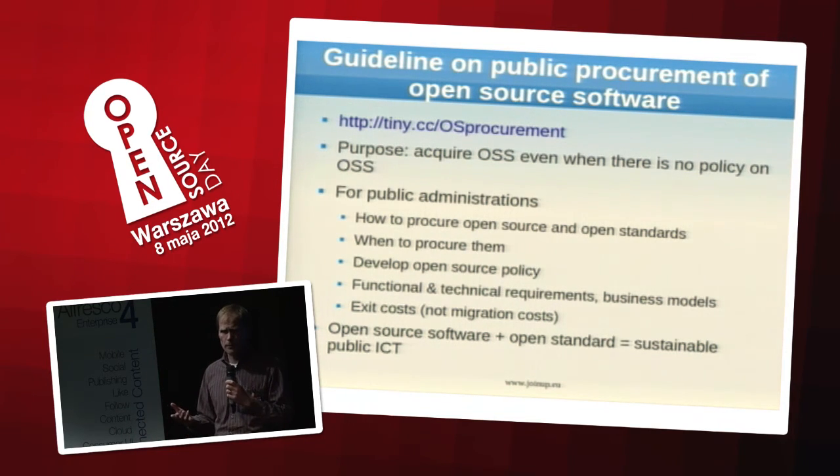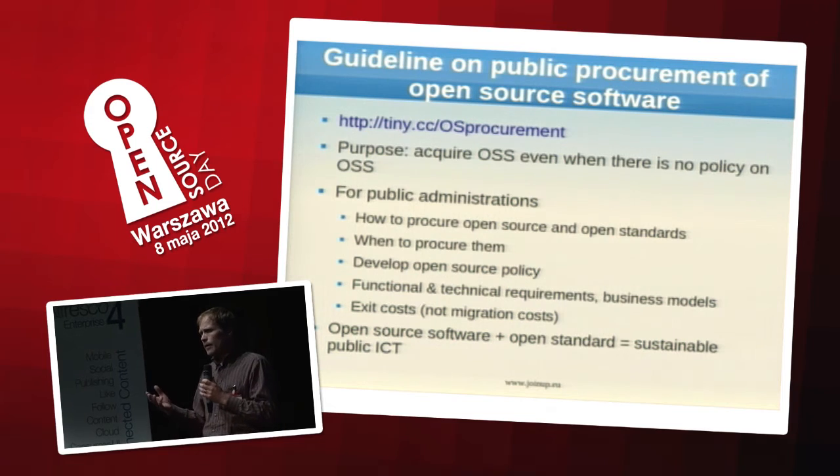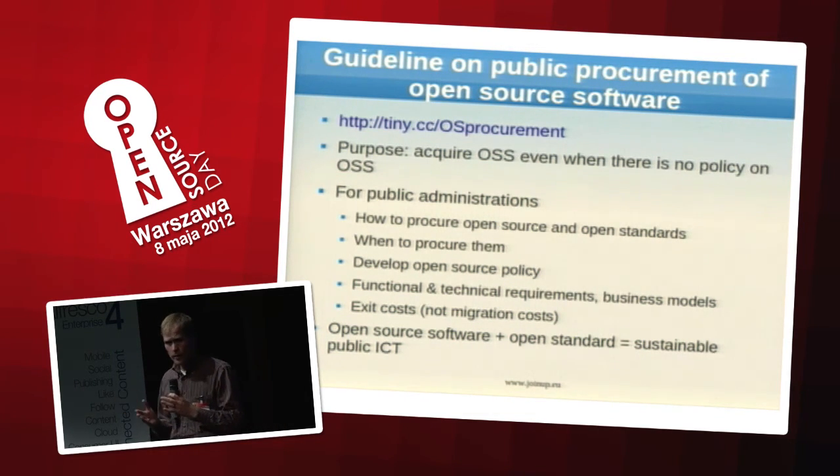They tell me, for example, the city of Mannheim in Germany: yes, we really tried migrating to open source because we think it's the right way for us. But we were stuck on this proprietary system, and it was very expensive to migrate to open source. I think they shouldn't be calling it migration costs. Those are actually exit costs.